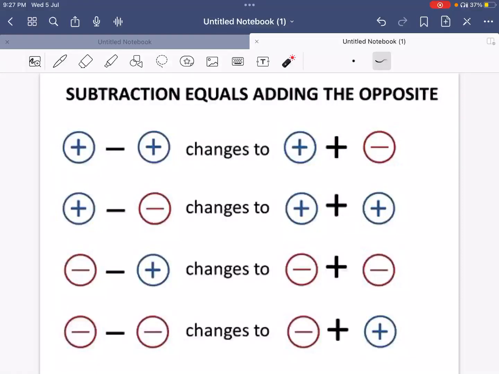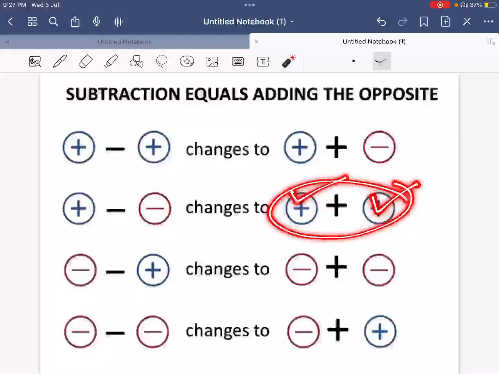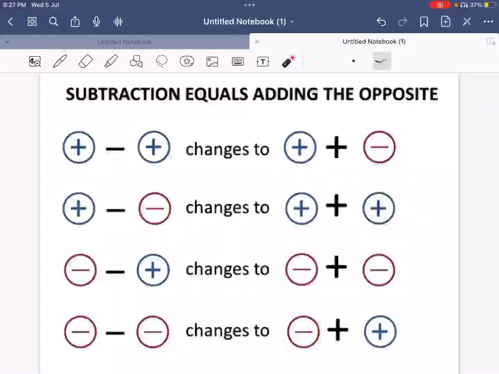Clear? So sign inversion takes place: where there is minus, there will be plus, and here also there will be plus. Simply we have to add this plus and plus. So first number is positive, second number is also positive, so we have to add it, and your answer is also positive in this case.